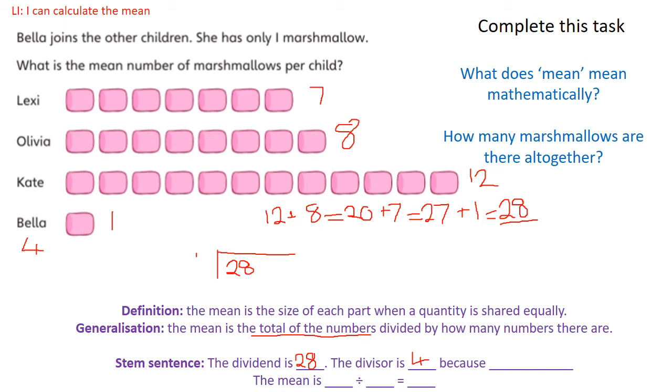So I can put my divisor in there. The mean is 28 divided by 4. What is 28 divided by 4? I hope you're all shouting at the computer. So we know that 5 times 4 is 20. So 6 times 4 is 24. And 7 times 4 is 28. So we know that the mean number of marshmallows is 7.